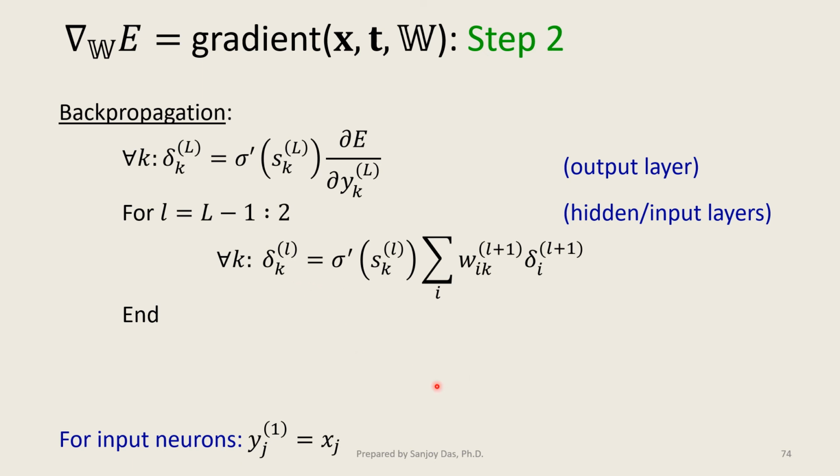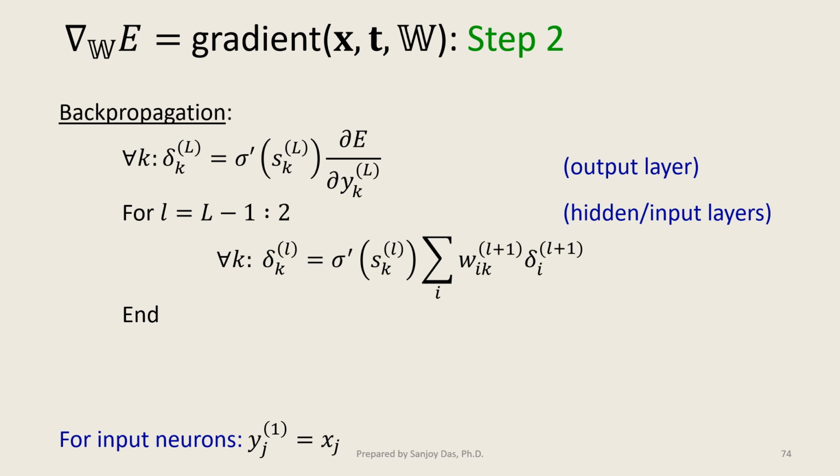And then this is how we backpropagate. For the output layer neurons, delta KL is simply sigma prime SKL times this derivative, and this derivative can be readily computed. And then we apply backpropagation. We compute the deltas of the hidden layer neurons.